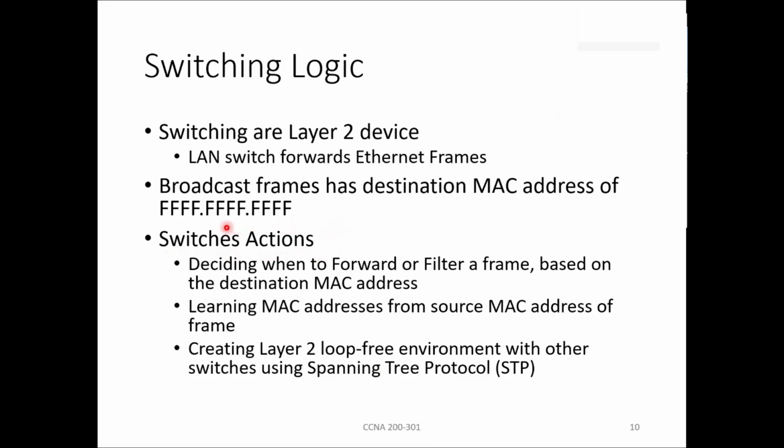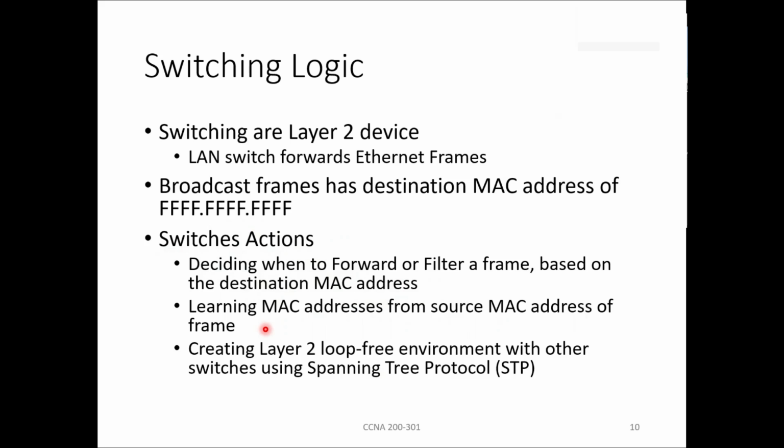And switch actions. A switch has some capabilities. Part of those capabilities: it knows when to forward or filter a frame based on the destination's MAC address, and it learns MAC addresses from the source MAC address of the frame. So a switch works with MAC addresses, it learns MAC addresses, and it knows both the source and destination MAC addresses.